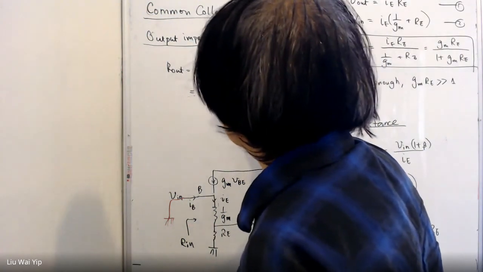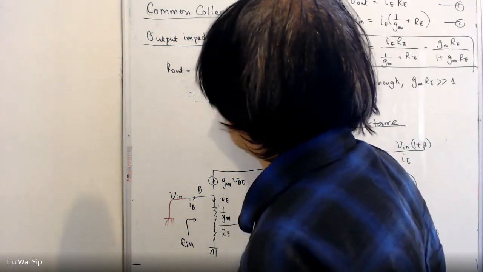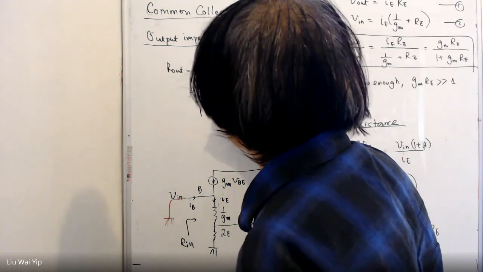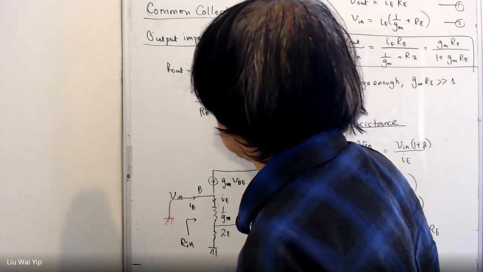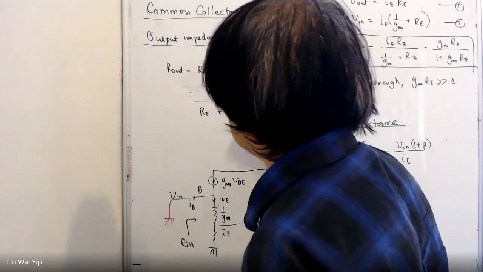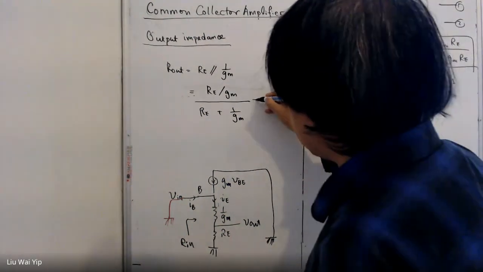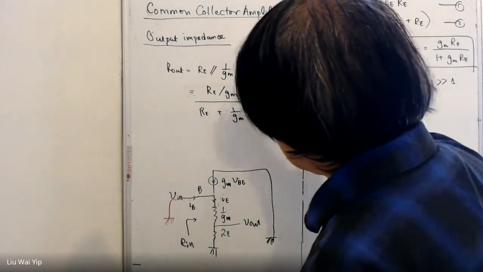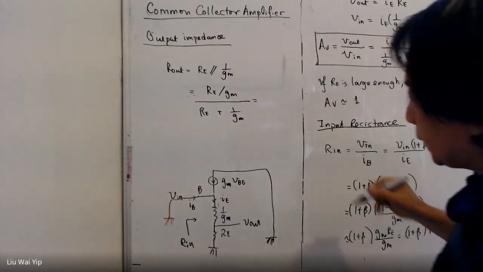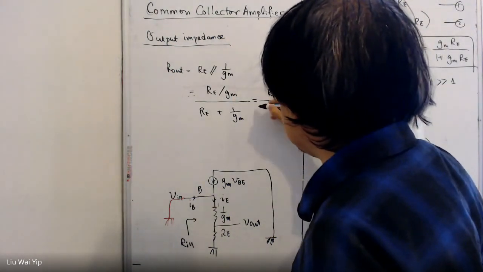RE times 1 over GM, over RE plus 1 over GM. So we can further simplify the circuit by multiplying the top and bottom with GM. Hence, what we are going to get is this one here.